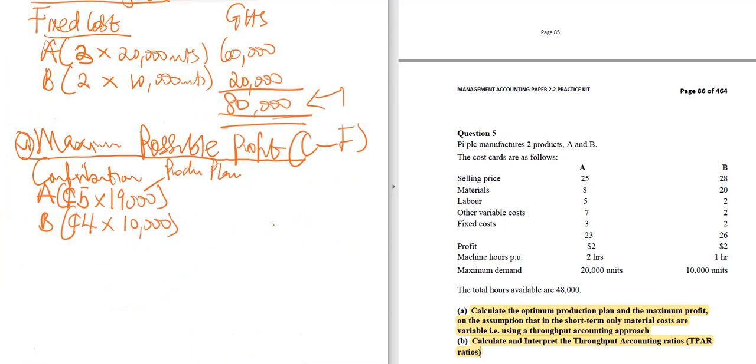So 5 by 19,000 gives us 95,000, and then 4 by 10,000 gives us 40,000. So 95,000 plus the 40,000 gives us 135,000 as our total contribution.